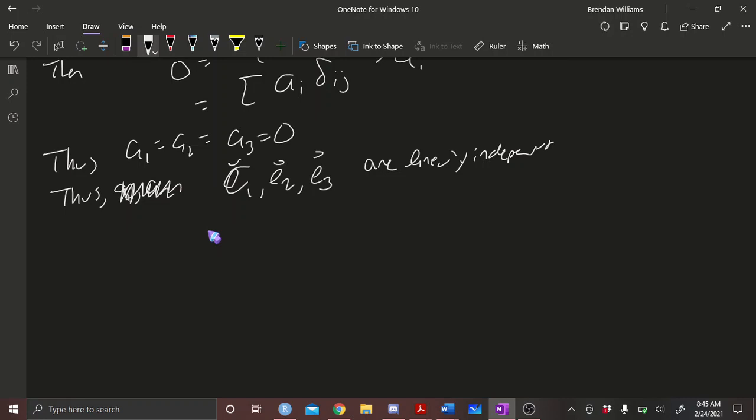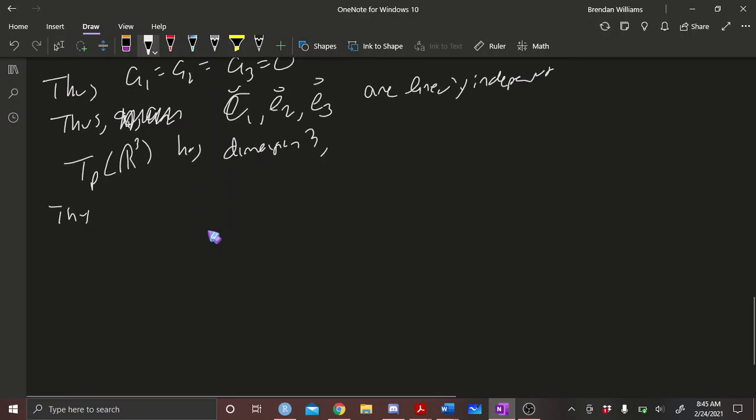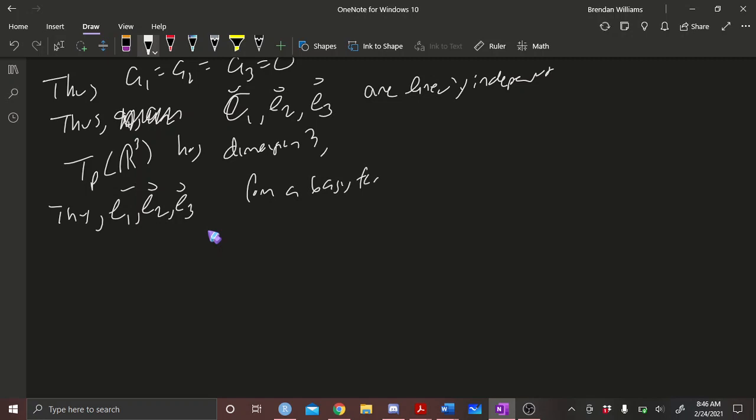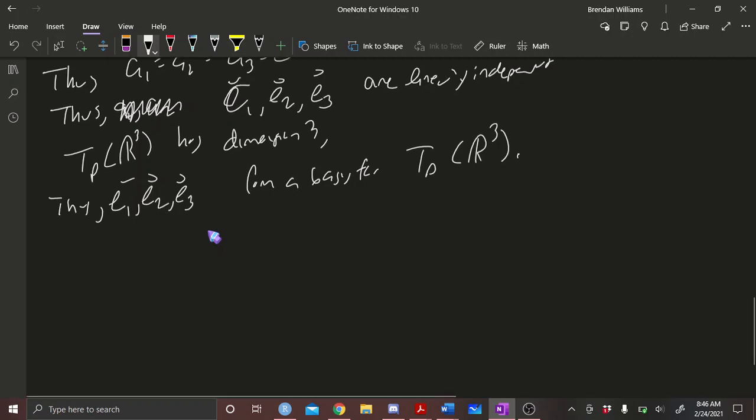The tangent space has dimension 3 since it's isomorphic to R3. So in other words, E1, E2, and E3 must form a basis for the tangent space T sub P of R3, because we have three linearly independent vectors and this space is of dimension 3.